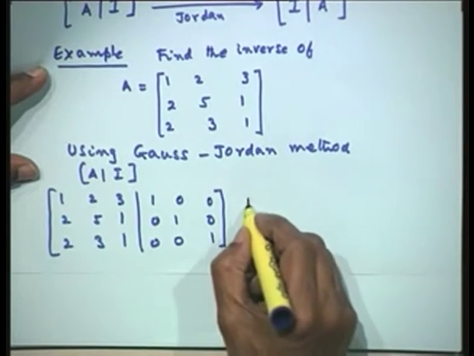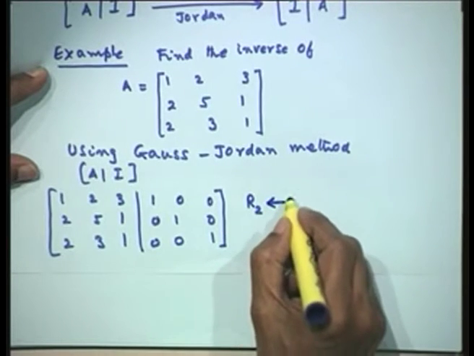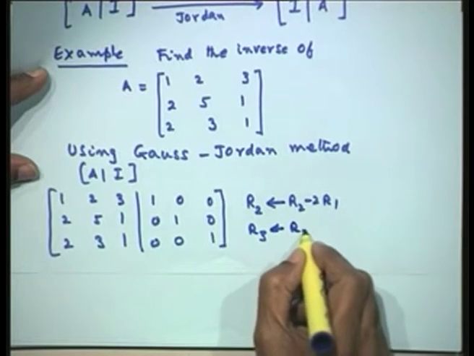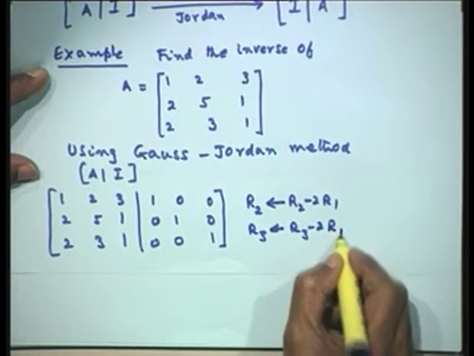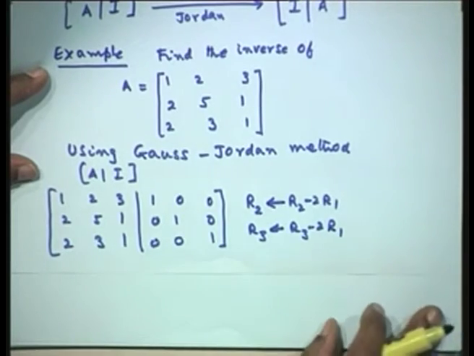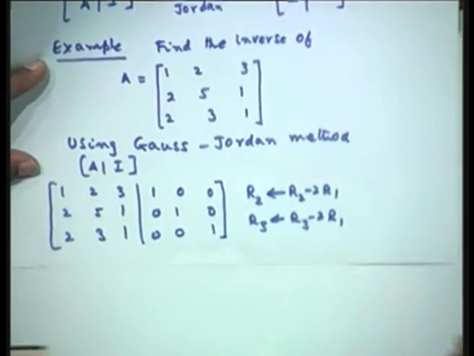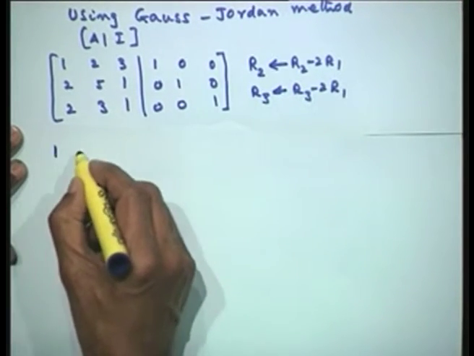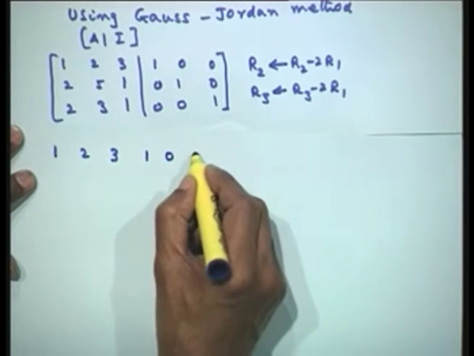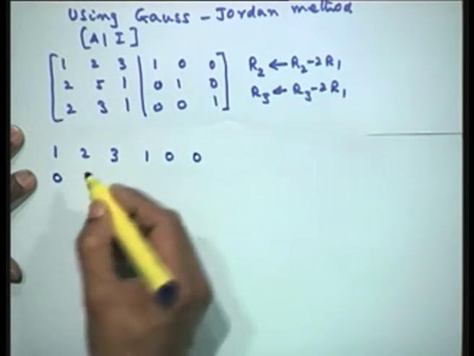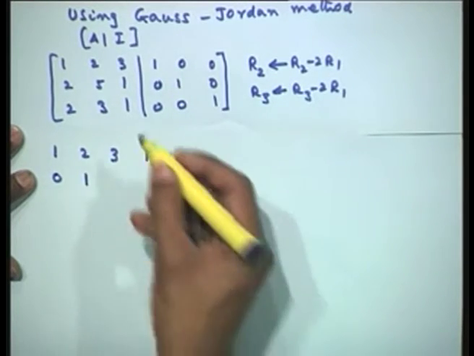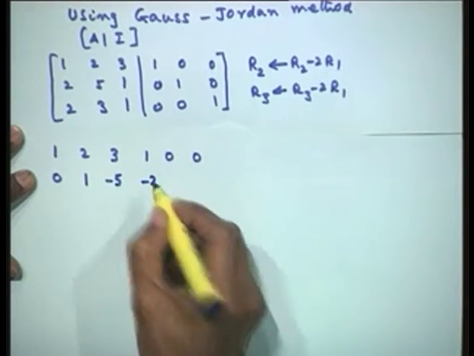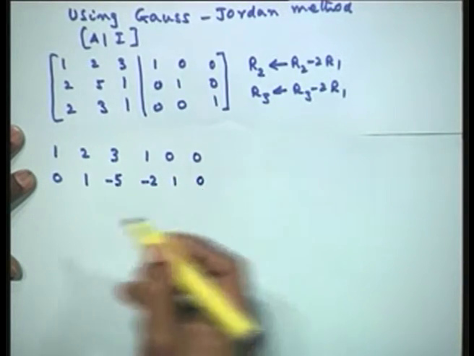Now, R2 is replaced by R2 minus 2 R1, R3 by R3 minus 2 R1. So, we are making both of them zeros. Then the first row stays as it is, the second row is 0, 5 minus 4 that is 1, 1 minus 6 that is minus 5, this is minus 2 1 0.